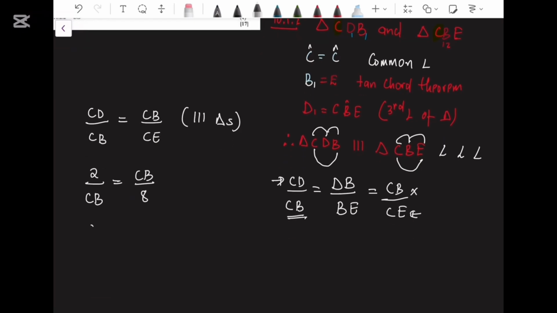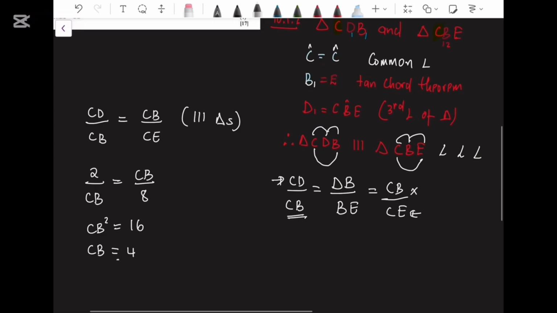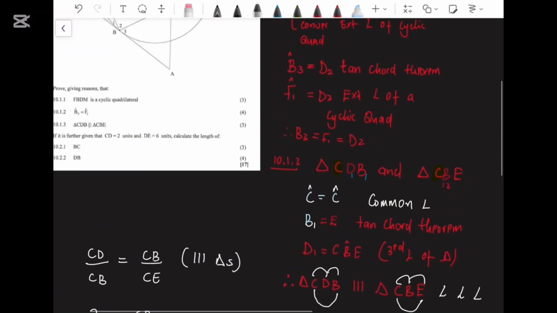Cross multiply, we are going to have CB squared is equal to 16, and then put a square root on both sides, so our CB is equal to 4. Remember, we are talking about the length here. The square root is plus or minus, but because we are talking about the length, our answer is positive. So let's move to the last question.